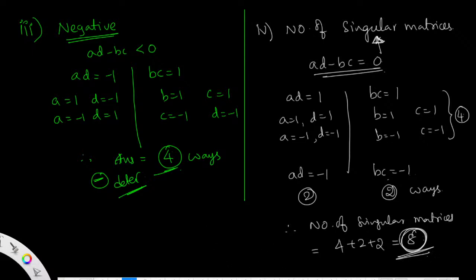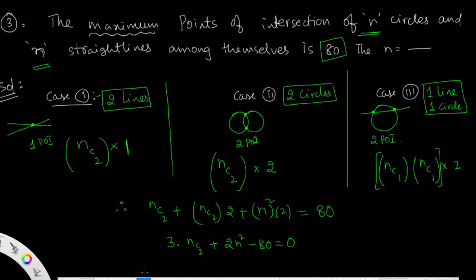This is a question from the previous year, on the number of cases of the values of determinants. Similarly, the second question is also there, with the same method.